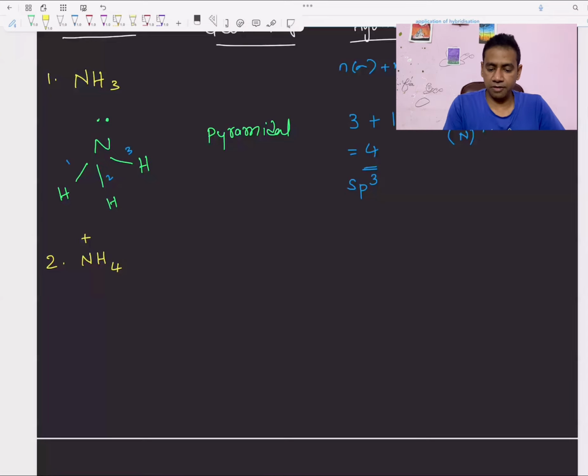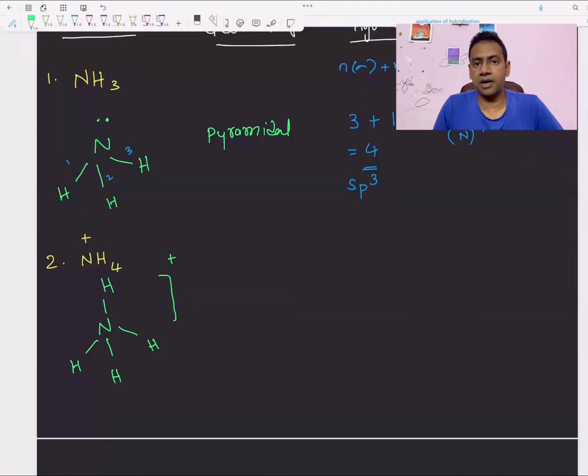Therefore, the structure becomes N, H, H, H and H. So there is a total positive charge somewhere. According to VSEPR, there are 4 electronic domains. If 4 electronic domains, then the actual structure is a tetrahedron. If all electronic domains are identical, it is a perfect tetrahedron and there is no distortion. So the ammonium ion has a tetrahedral structure.